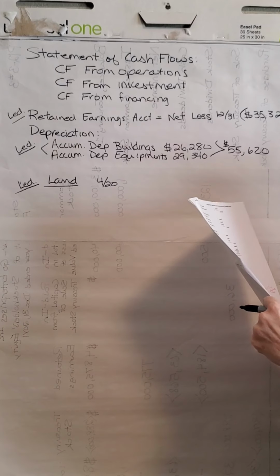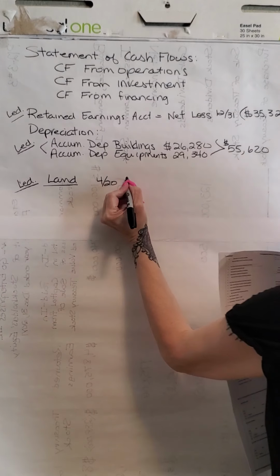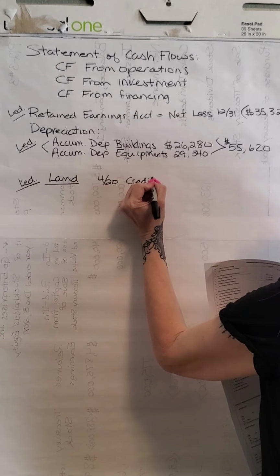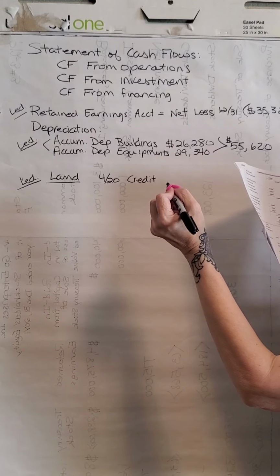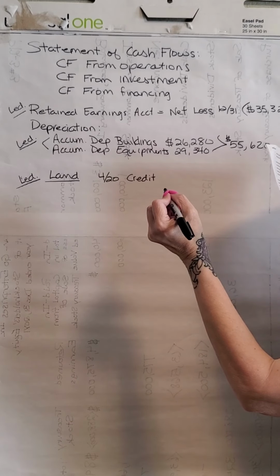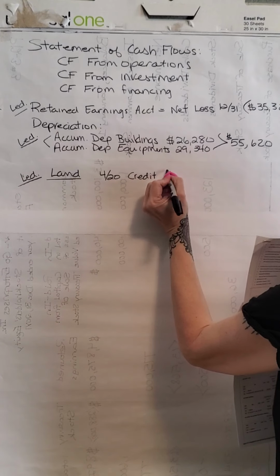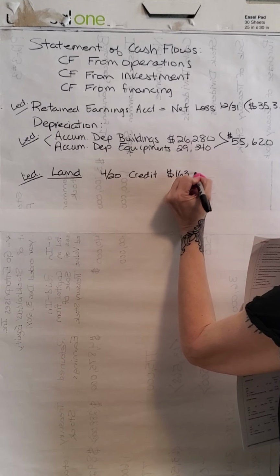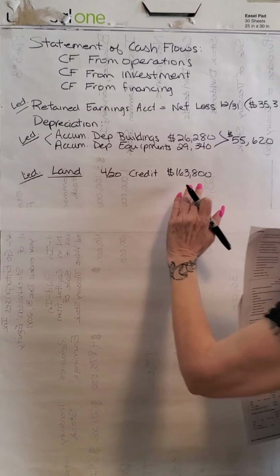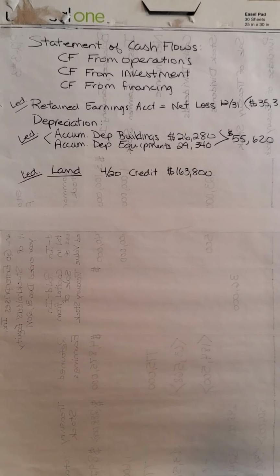So you can see on April 20th they had a credit of $163,800. So this is the amount that the land was actually recorded at, that cost.